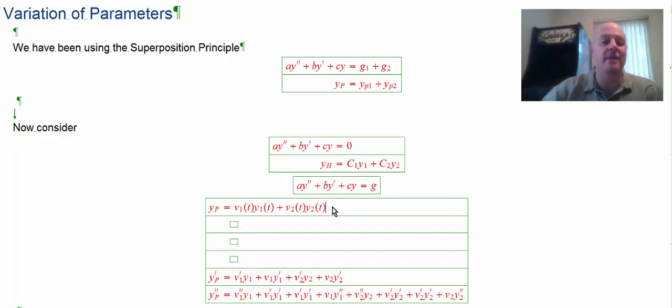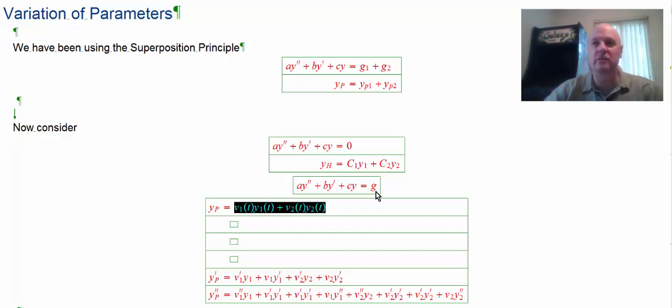What do we mean by that work? We mean that if I sub this into the differential equation, the ay'' plus by' plus cy, I get g out, that it hits the target function. That's all a particular solution is supposed to do. So if we could figure out v1 and v2 that do that, then we've got a particular solution.